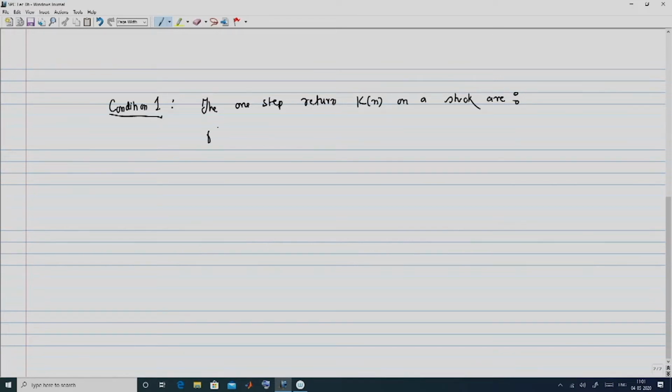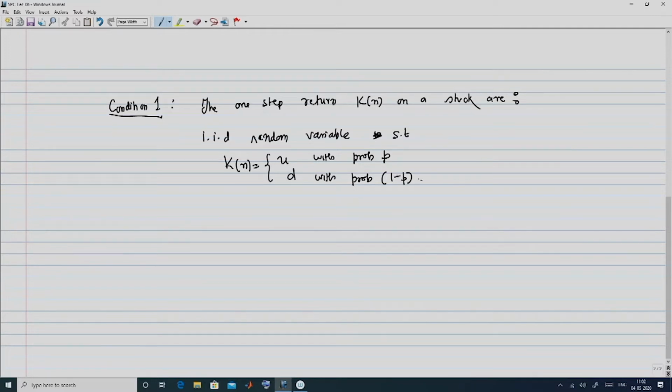These Kn are IID random variables such that Kn is equal to u with probability p and d with probability 1 minus p.